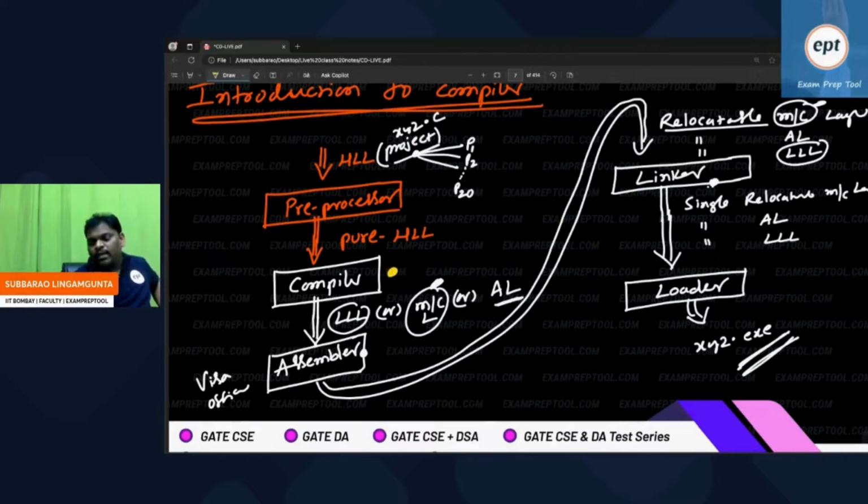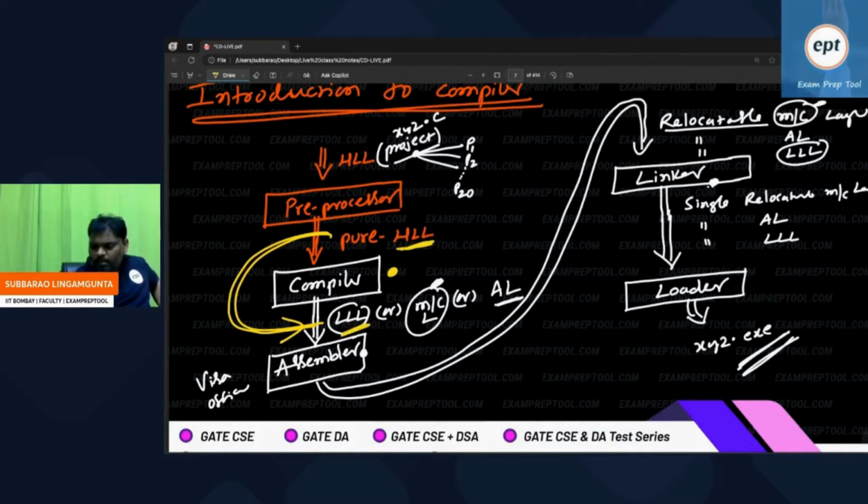For user convenience, you will do a little bit before and a little bit after, but they are not part of the compiler. If anyone asks about compiler input and output, simply say the input is high level language and the output is low level language.